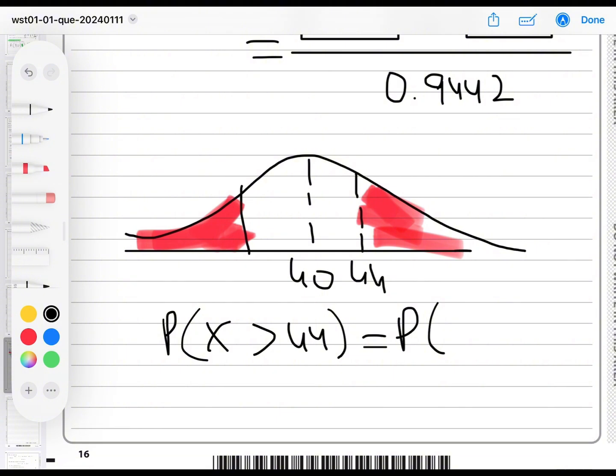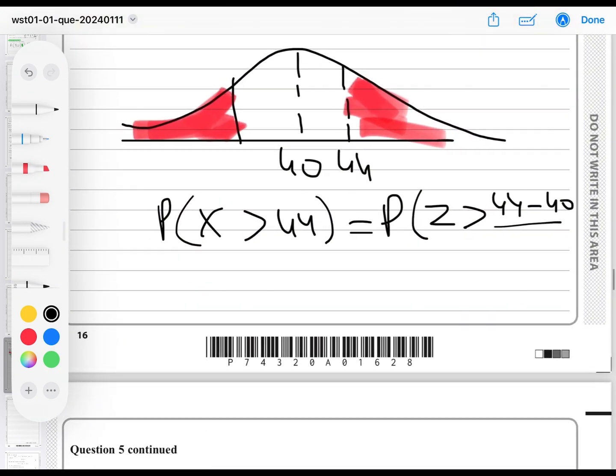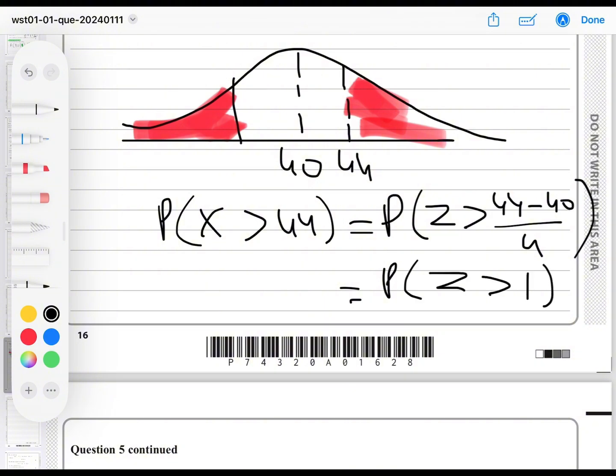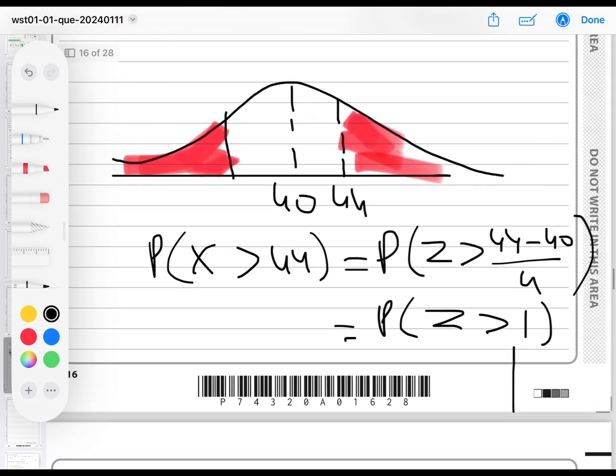First of all, I will go for the z-score. The z-score is z greater than (44 minus 40) upon the standard deviation. What is the standard deviation? The standard deviation is 4. So this will be z greater than 1, which means that this portion will be -1, and for the z-score this one will be 1.